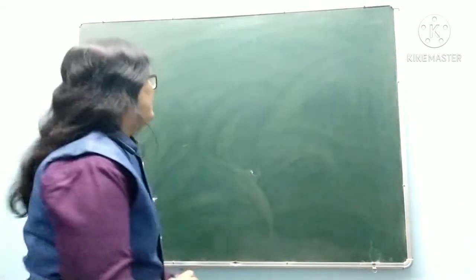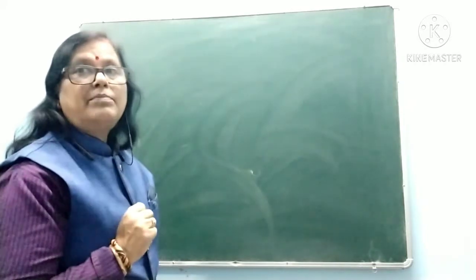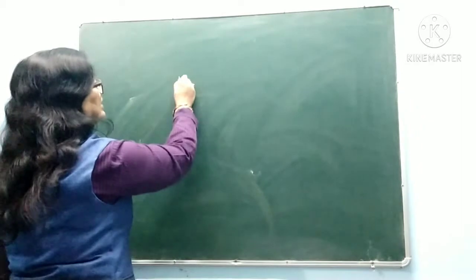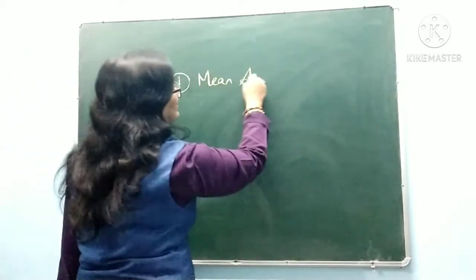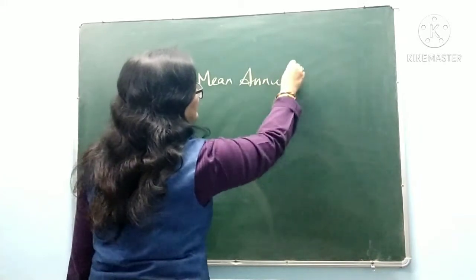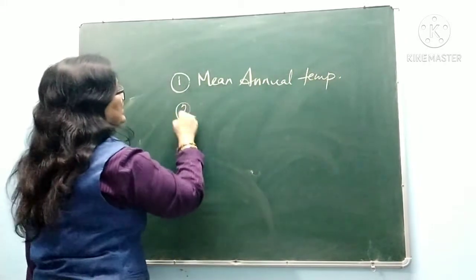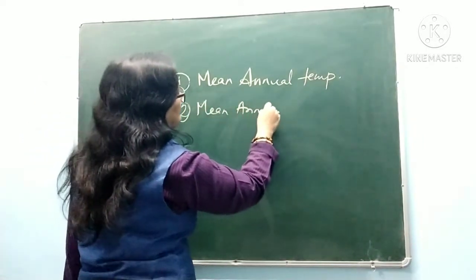Okay. Now the distribution of biome or formation of biome depends upon 2 important factors. The one is mean annual temperature, and the second one is mean annual precipitation.